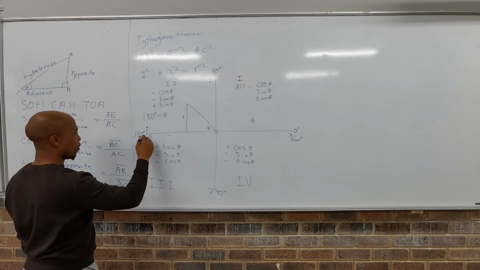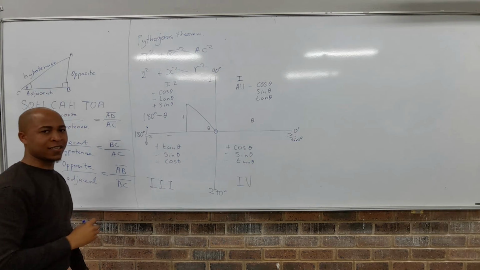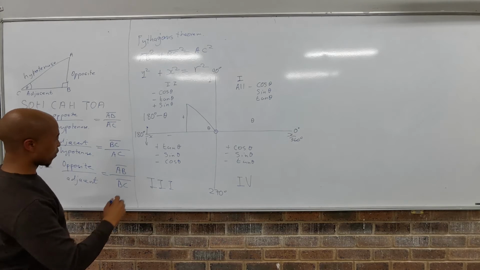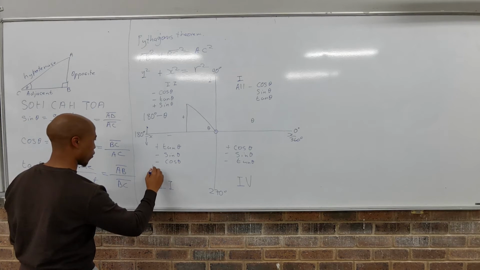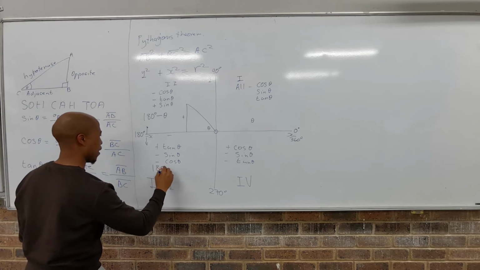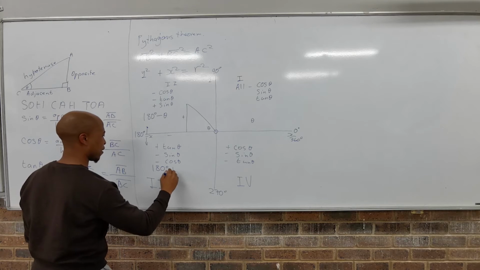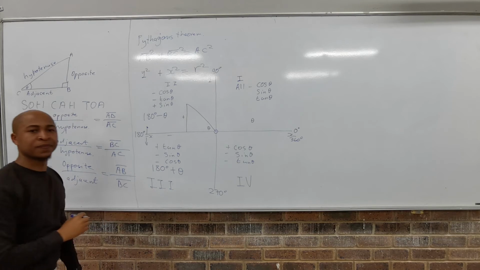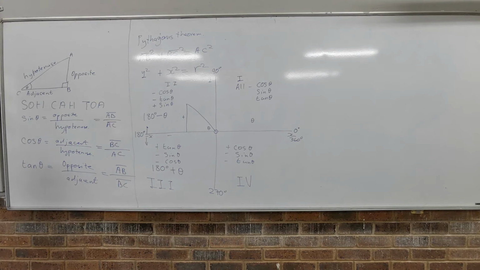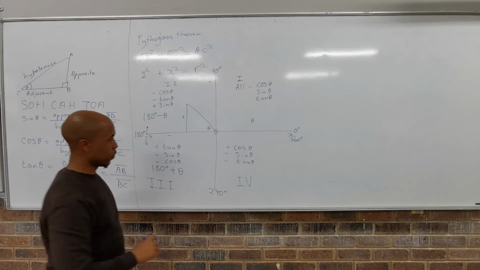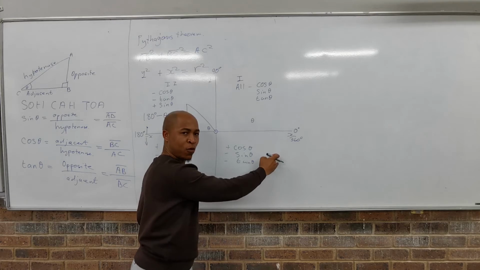Now, you are now moving beyond 180 degrees. When you move beyond 180 degrees, you are going to say the reduction formula there is 180 degrees plus theta. Are we together? Let us move. Now, we come on the fourth quadrant.